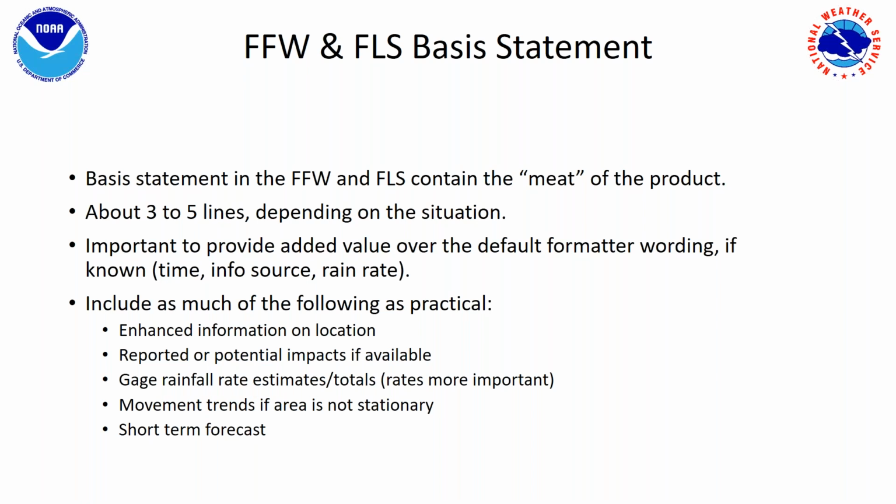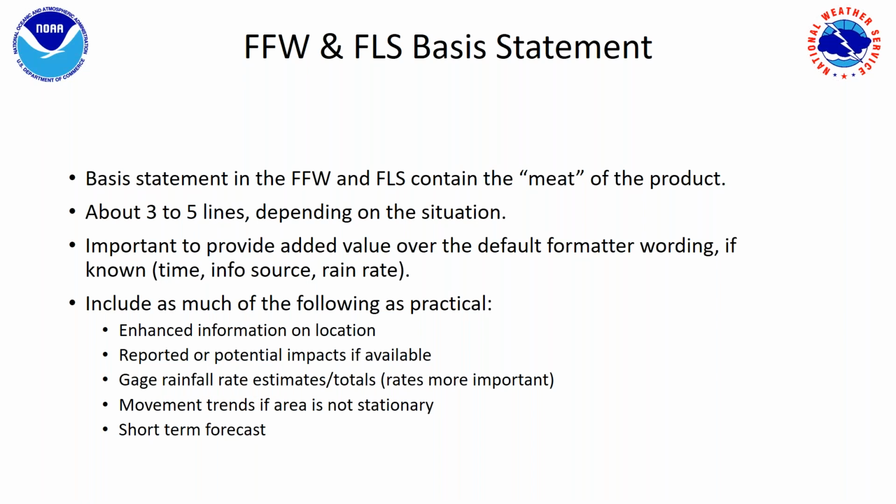So, some additional information on location specifics, or if you have an idea of movement trends, or based on satellite data, what's coming into the area over the next couple of hours, that kind of thing. That's the type of information that you want to put in there. If you do have representative rain gauge information, you want to talk about the rates.